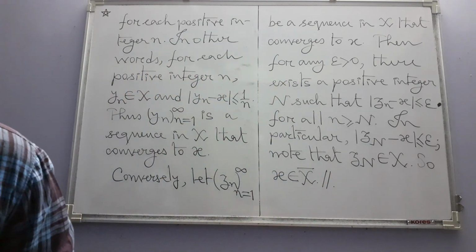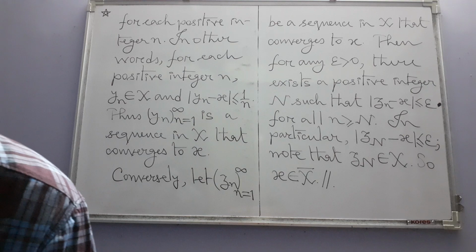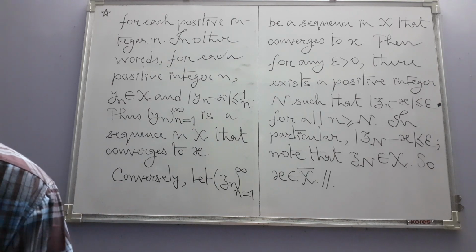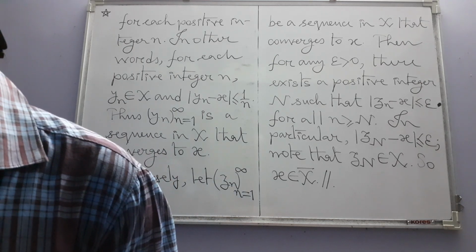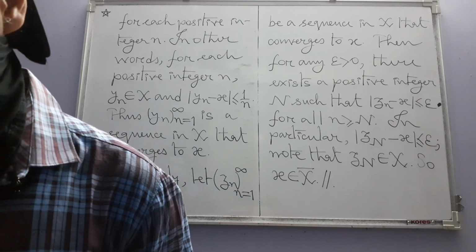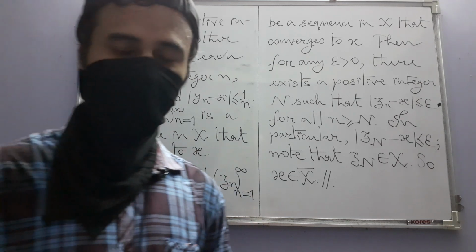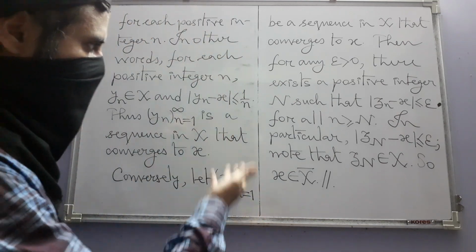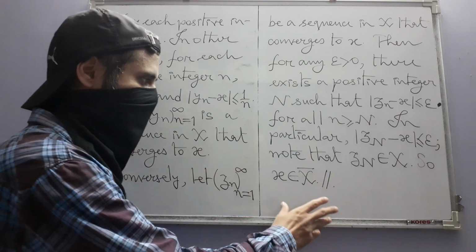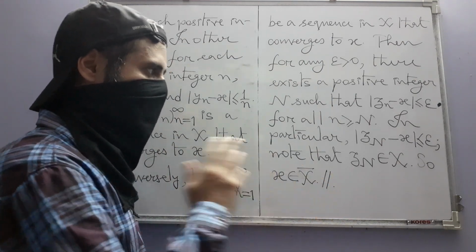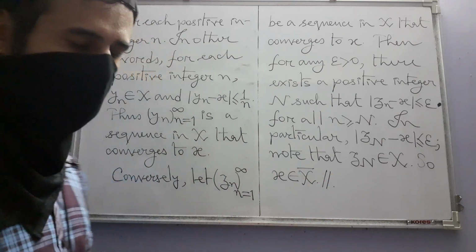So this new notion of adherent points has now been linked to the previous notion of convergent sequences. So now when we think of adherent points, we can always use this equivalence and apply whatever result we know about convergent sequences to adherent points.